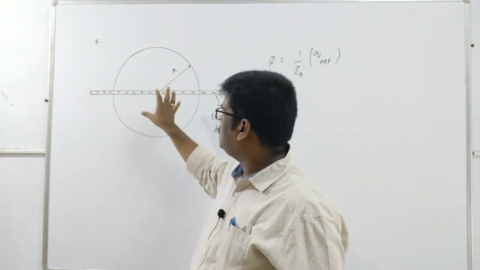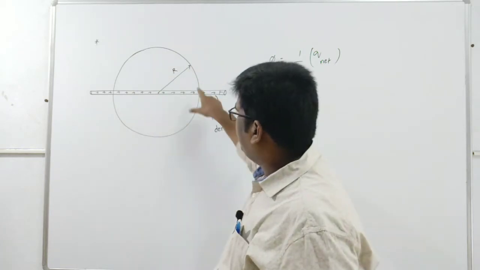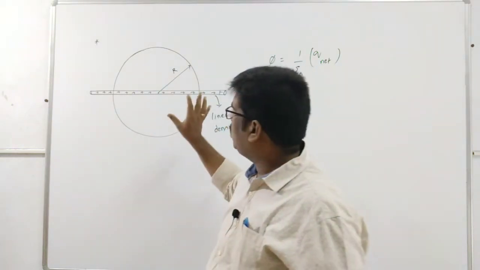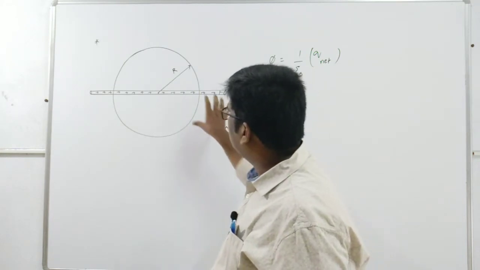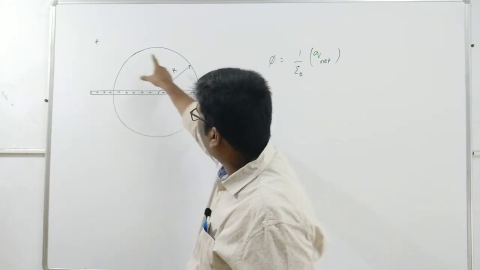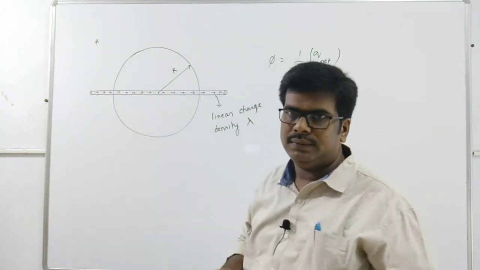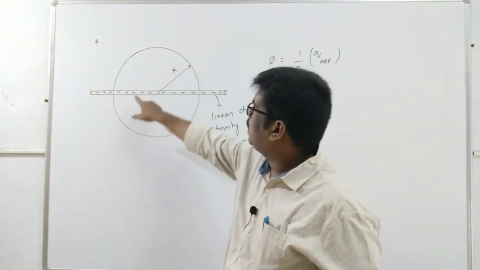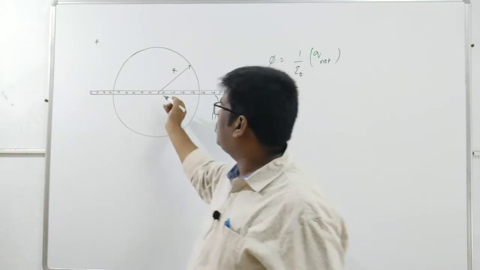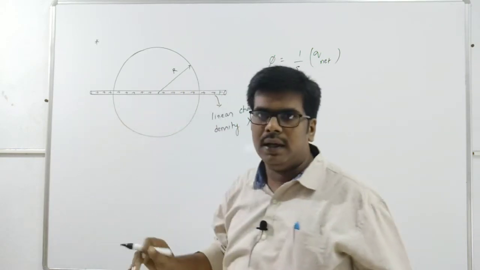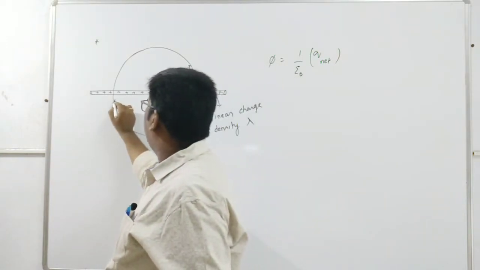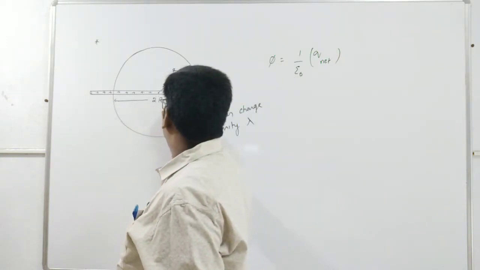So to find how much charge is enclosed by this sphere, we need to multiply the linear charge density by the length of the conductor enclosed by this sphere. The length of the conductor enclosed by this sphere is nothing but its diameter, that's why it is 2r.